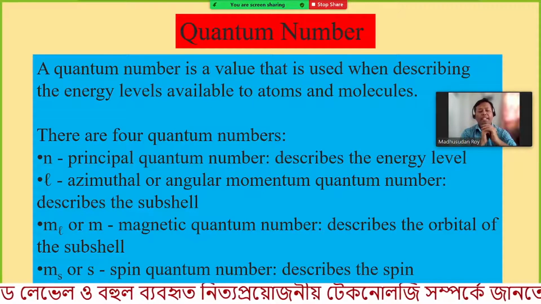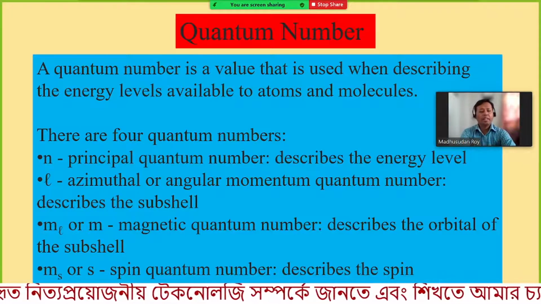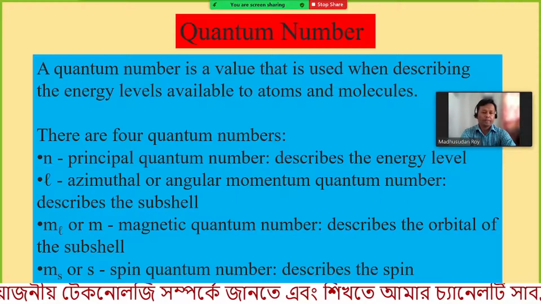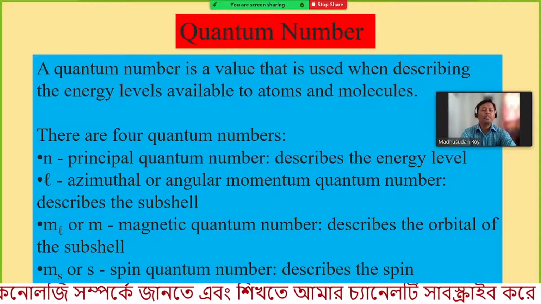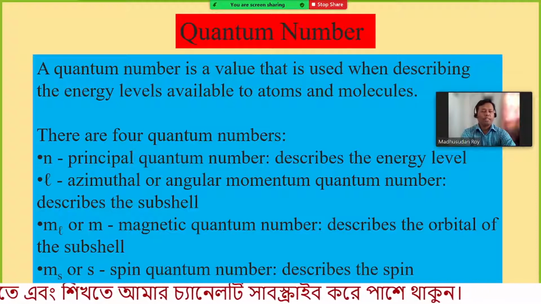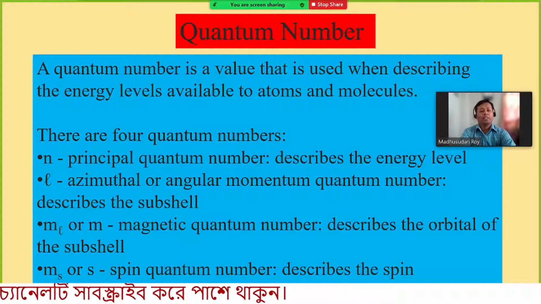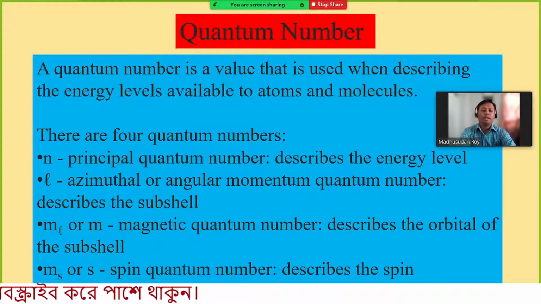And for the magnetic quantum number, in each subshell we may have several magnetic quantum numbers. If we consider the second shell, we have 2 subshells, defined as 2s and 2p. Later I will show which is which.